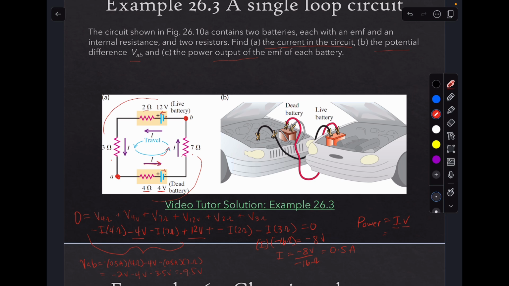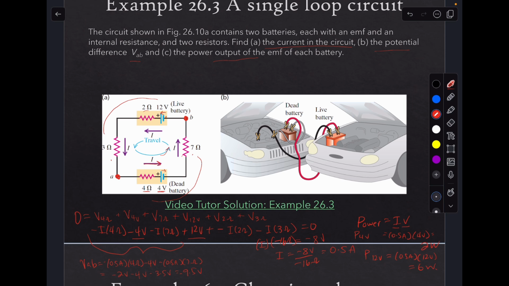So the power then, since the current is 0.5 amps, the power through the first battery, the 4 volt battery, would be 0.5 times 4 volts, 2 watts. 2 watts. The power through the 12 volt battery, 6 watts.